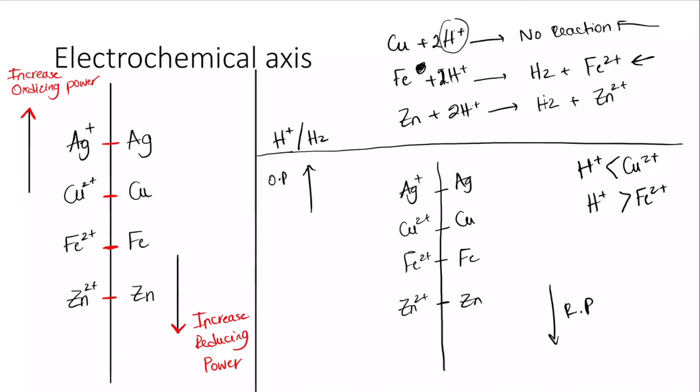We compare oxidizing agents here, we're comparing oxidizing power. And also H+ has a greater oxidizing power than Zn2+. Now, where is the place of H+ based on these conclusions?